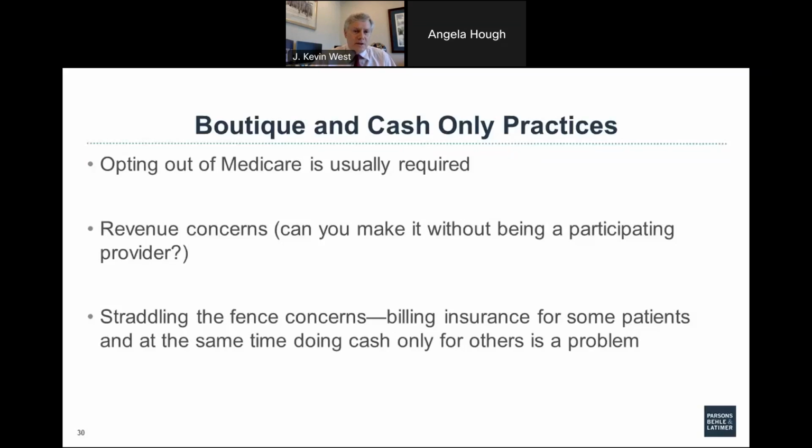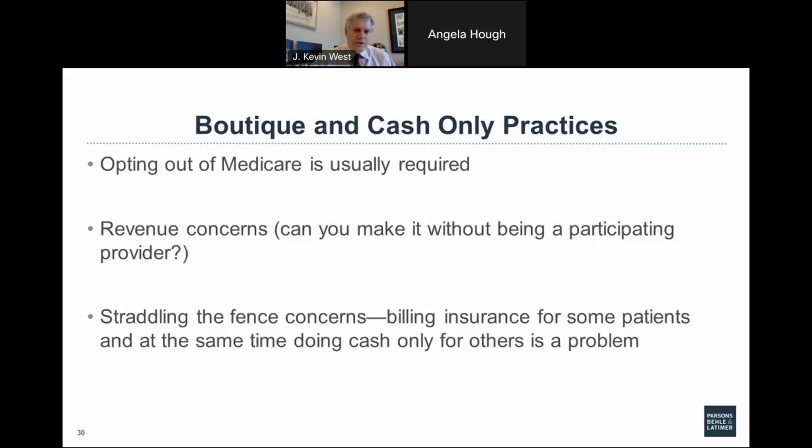And opting out is a formal process where the provider sends a formal notice to Medicare that they are opting out, and then the provider has to give notice to patients they are no longer a provider and that the patient cannot submit claims on the side to Medicare. So this formal process has to usually be followed.